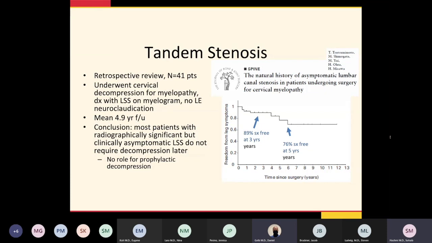They had a diagnosis of lumbar canal stenosis on imaging, and most patients with this lumbar stenosis do not require a decompression later, meaning there's no role for prophylactic decompression. And further, the priority has been shown to be given to the cervical stenosis in patients where a lumbar stenosis is symptomatic as well.